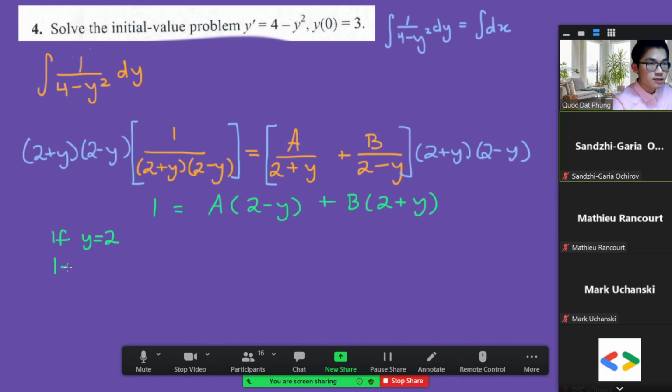We get 1 is equal to a times 0 plus b times 4. And then I'm gonna pick y equal to minus 2. So when y is minus 2, this will become 0.